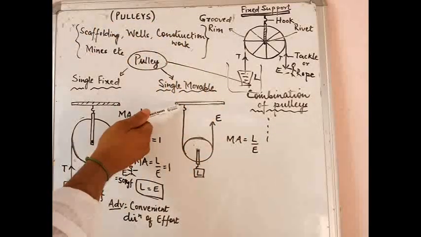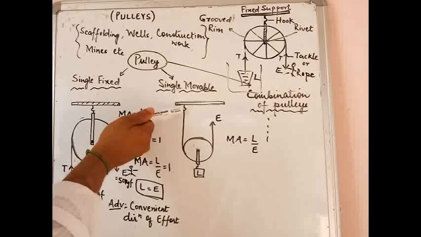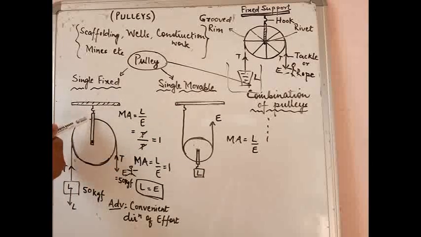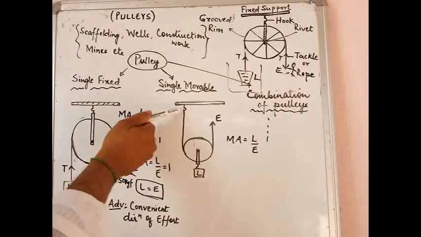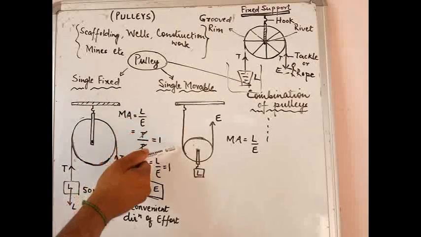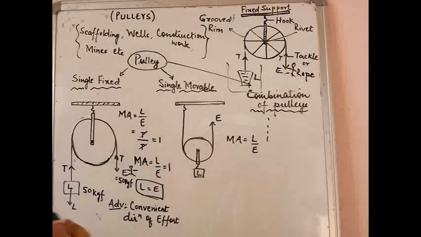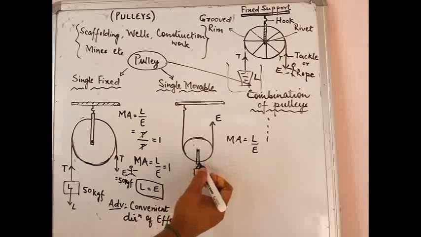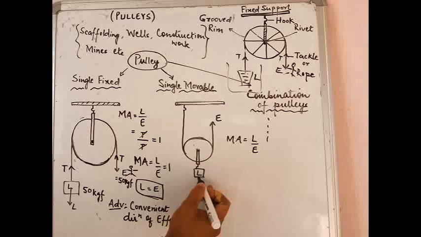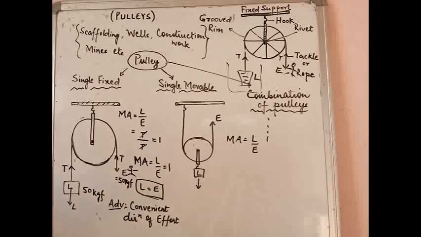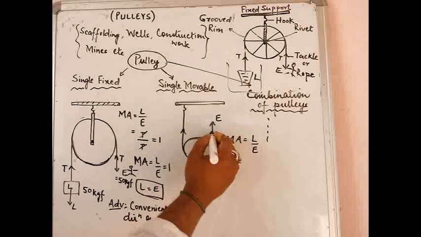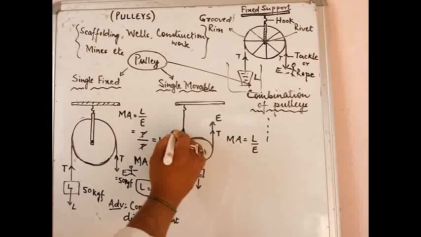This hook is not in contact directly with the metallic part like it was here. In fact, this hook first has the tackle going down, and then on that tackle the pulley is resting. Now this pulley is attached with another hook to the load. So load is going to act in the downward direction. Once again, load acts downward, so the tension will be acting in an opposite direction.